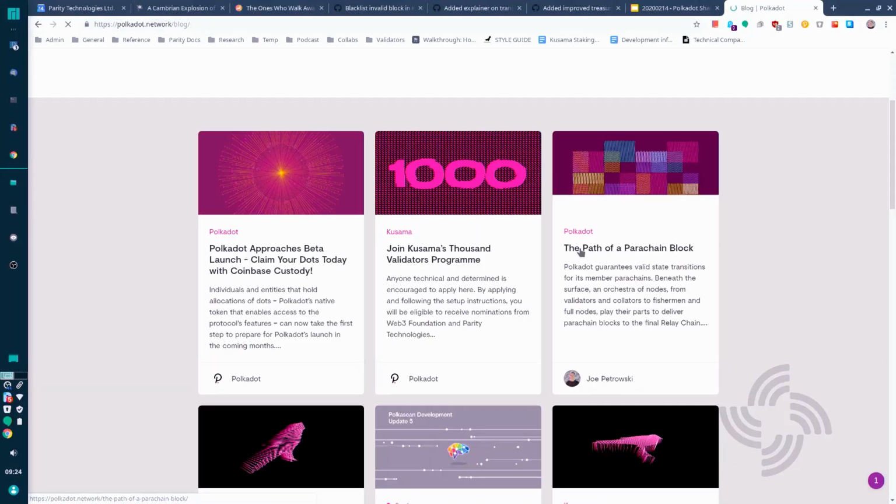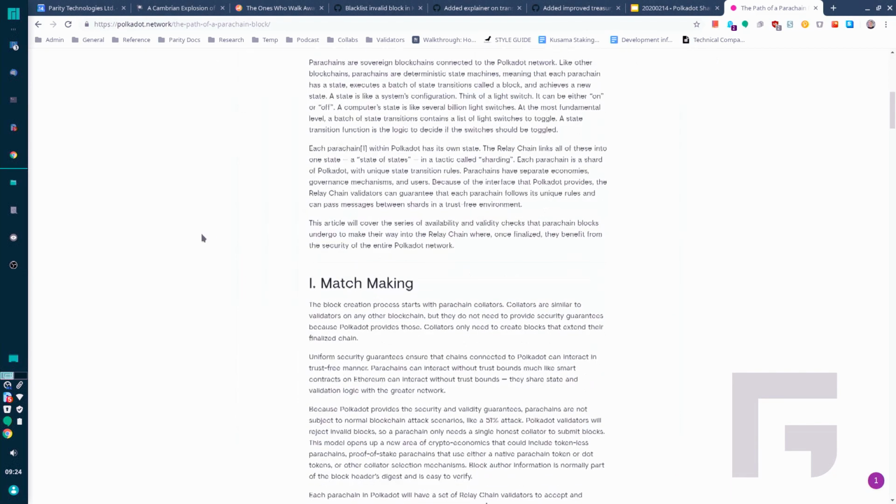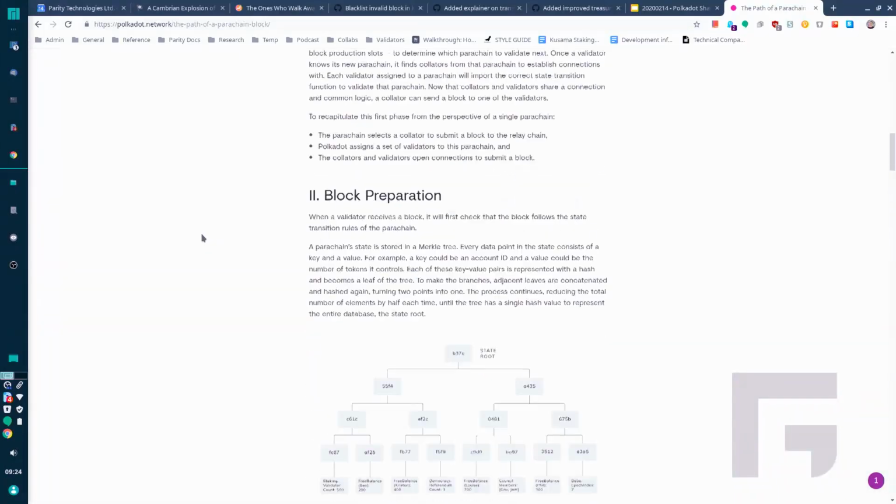Everything I just talked about is part of this thing that I wrote on our blog. The resolution is not very good, but it's polkadot.network. So I did all this here, so you can check that out.